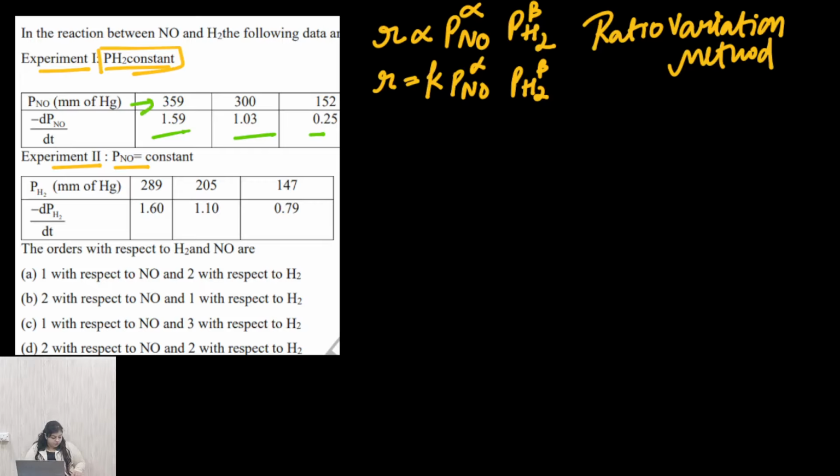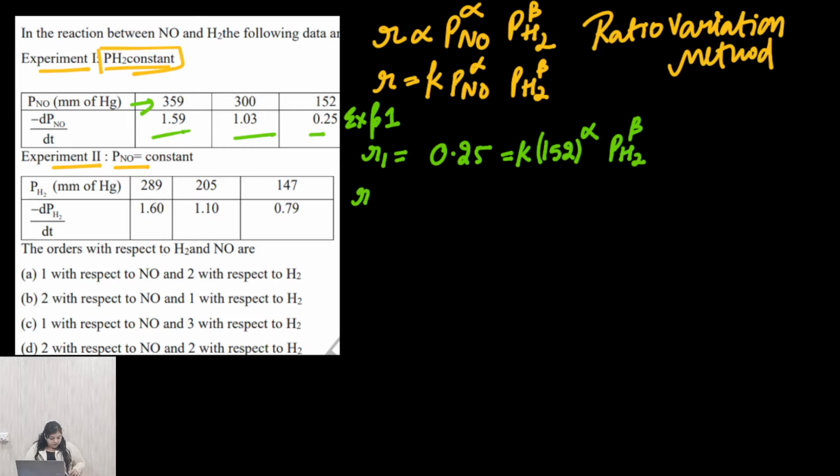Taking the rate 1 as 0.25, the rate expression is equal to K into the pressure of NO, which is 152, raised to the power of alpha, and the hydrogen pressure is kept constant.